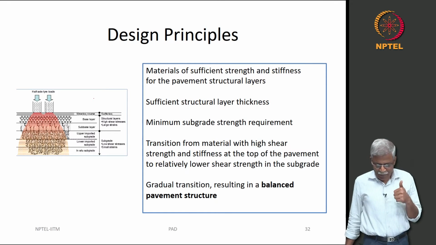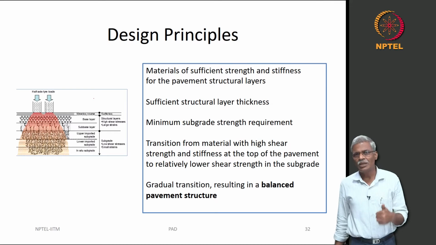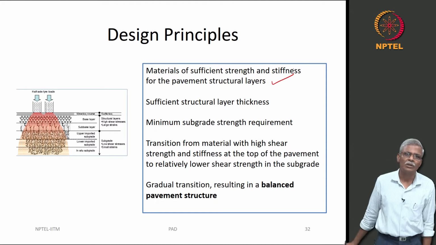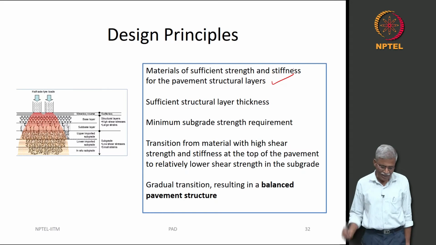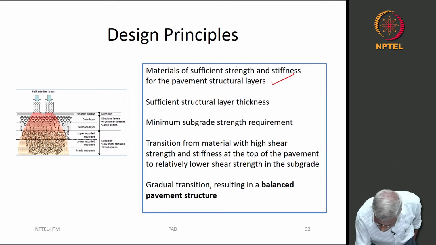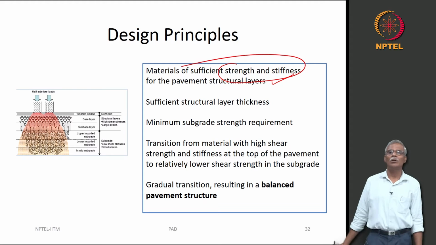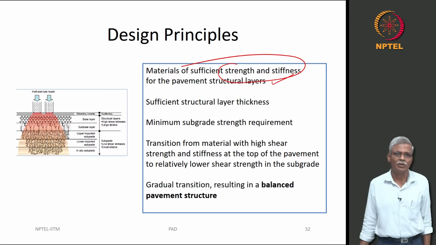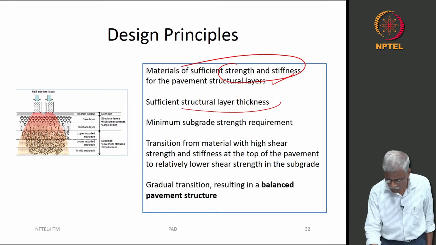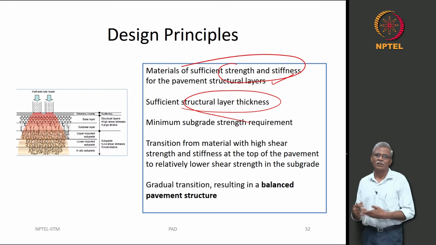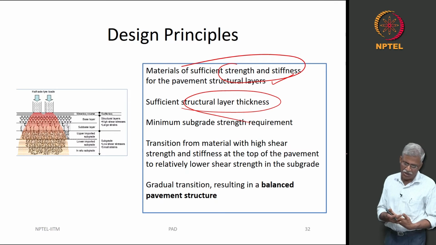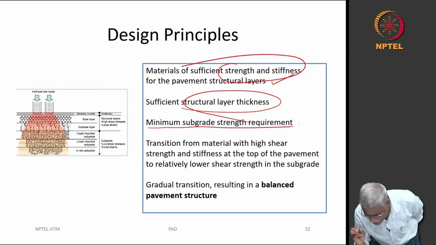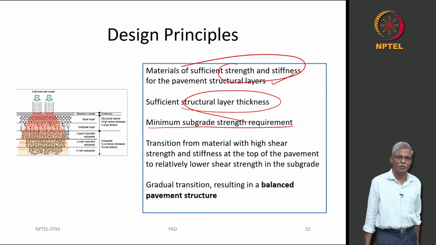So, materials of sufficient strength and stiffness for the pavement structural layers, that is number 1. When you say strength and stiffness, you are talking about the modulus properties, the material constitution that you are having. Second is, what is the layer thickness? We need to have sufficient layer thickness, and then you are talking about minimum subgrade strength requirement.